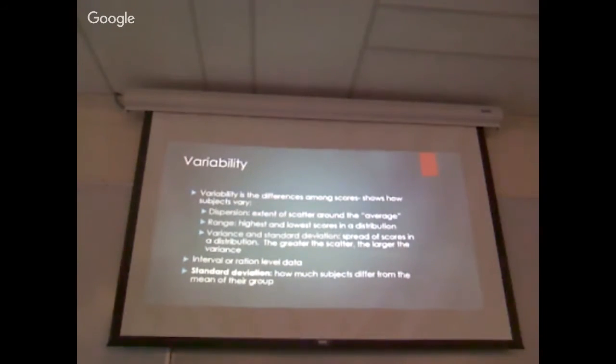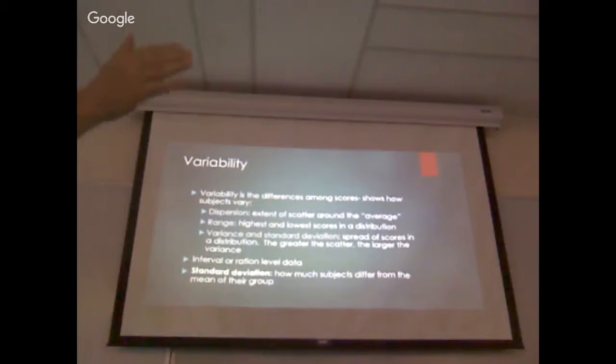Standard deviation, again, is the idea of how much on average differences are from the mean. And what we can do with the standard deviations is take each individual score and report how that individual score compares to the whole group. So again, another example, IQ tests. We don't do things like saying, okay, the person with the IQ of 160 is twice as smart as the person with an IQ of 80.